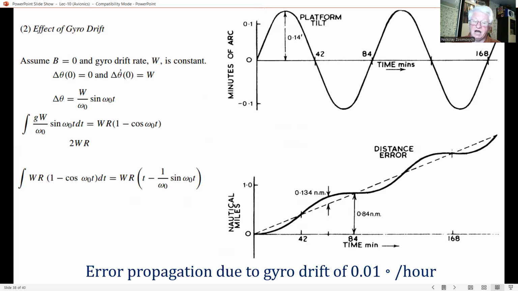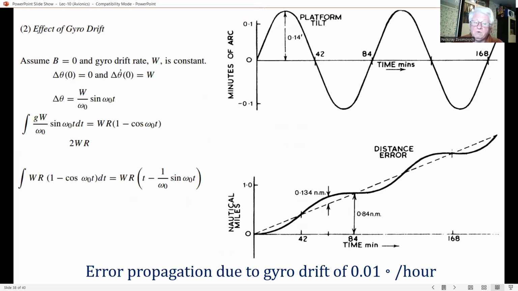A constant gyro drift rate of 0.01 degree per hour, that gets us 0.6 minutes of arc per hour, will give an average velocity error of 0.6 knots. That is a distance error which is built up at a rate of 0.6 miles per hour.